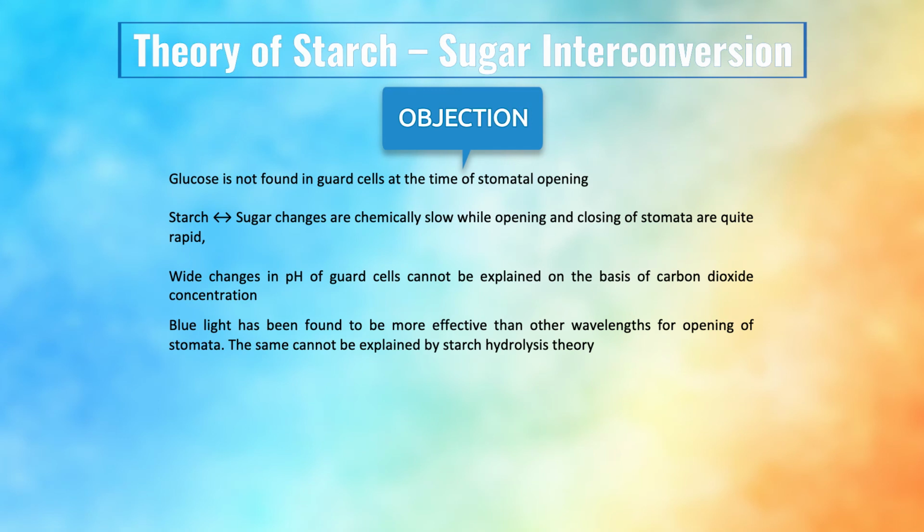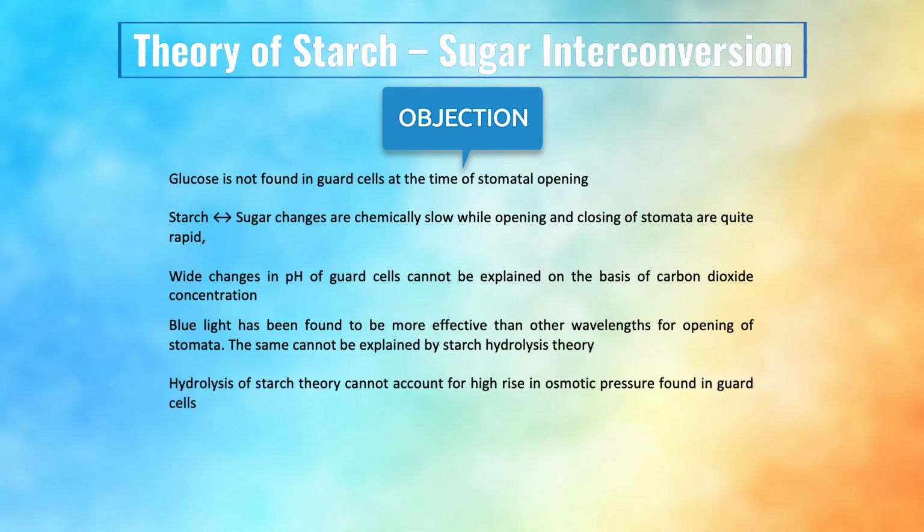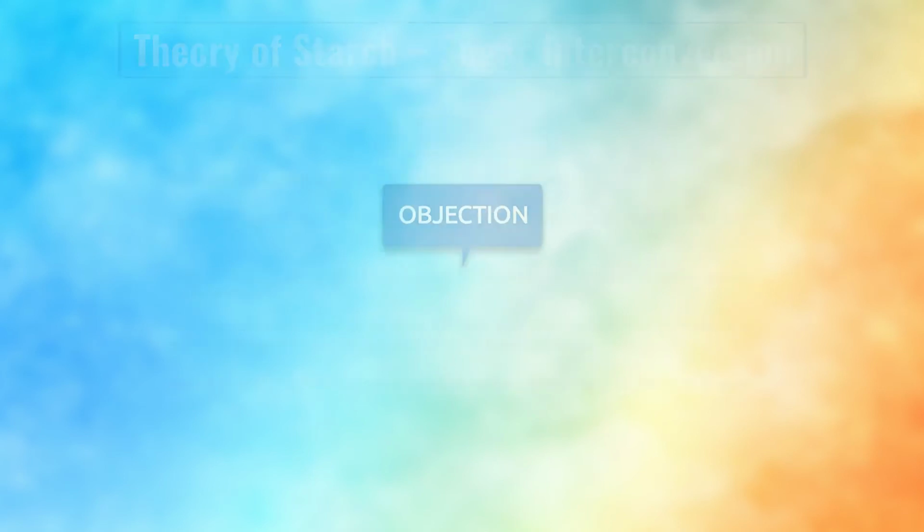Blue light has been found to be more effective than other wavelength of light during opening of stomata. The same cannot be explained by starch hydrolysis theory. Hydrolysis of starch cannot account for high rise in osmotic pressure found in the guard cell.